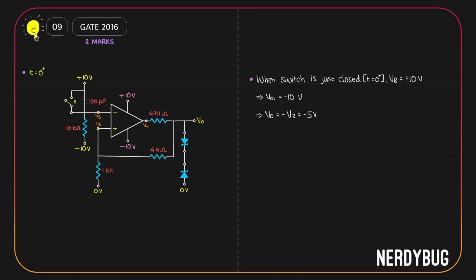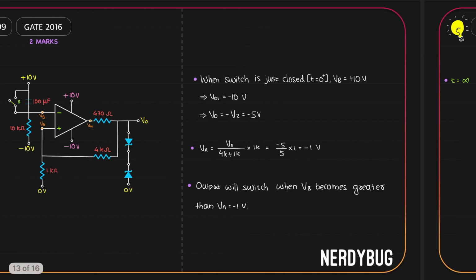Out of that, whatever is dropped across the 1 kilo ohm becomes VA. So VA will be Vo divided by 4 plus 1 multiplied by 1, and Vo right now is minus 5. That gives us VA is minus 1 volt. So the next switching is going to be whenever VB becomes greater than minus 1 volt.